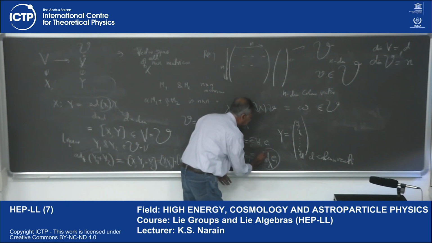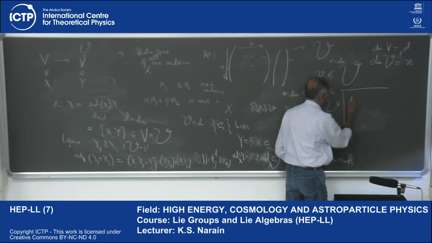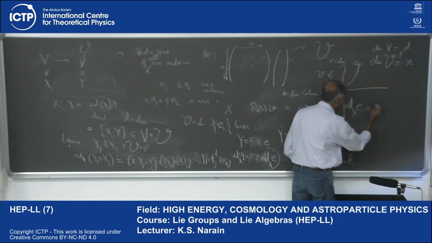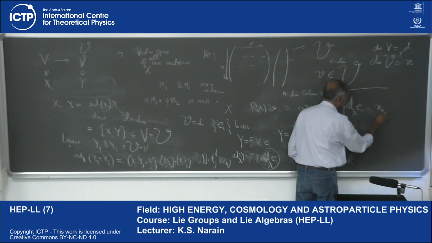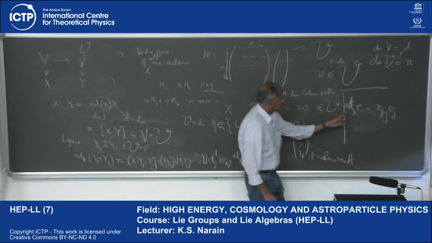Now ad x acting on e_i will be some coefficients, let's call it the sum over j of x_ij e_j.